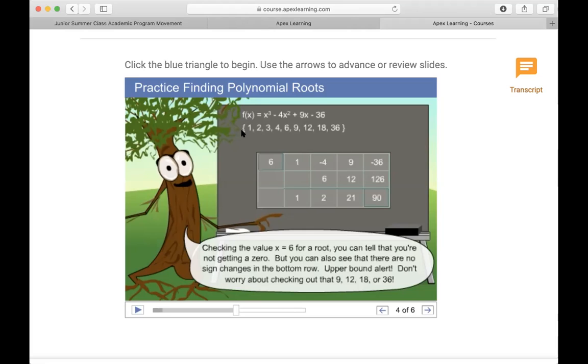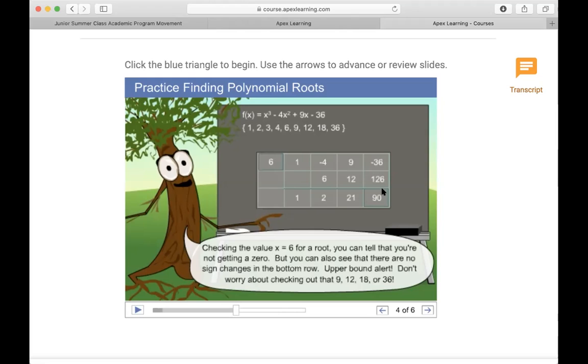And now we're going to look for these upper and lower bounds. So what you can do is look for and plug in these values. For example, they picked the value right in the middle. So checking the value x equals 6, you can tell that you're not getting a 0. So that ends up with 90, we're not getting a 0.